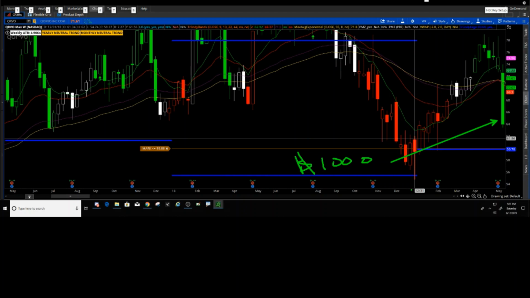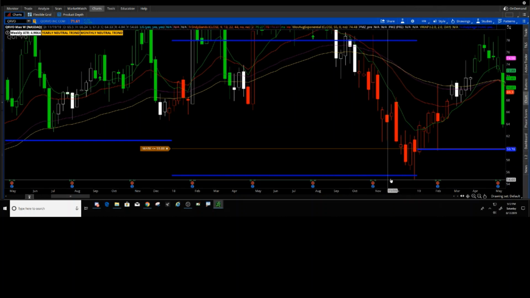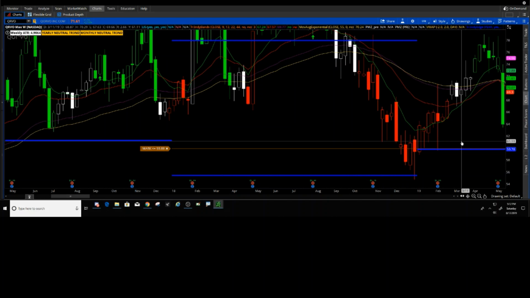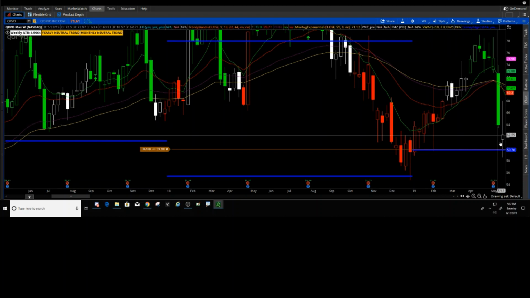Well, when you hold something overnight, and this is a weekly bar by the way, these are weekly candles. Each candle represents a week. If I hold this trade and the next day it drops down, okay, $5 to $6 here, guess what? That position I was holding is down extreme.